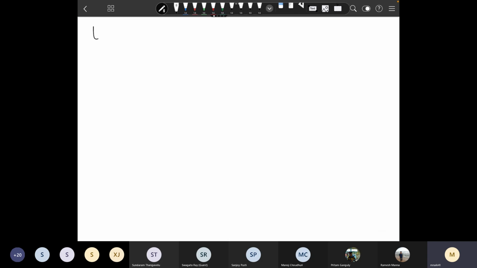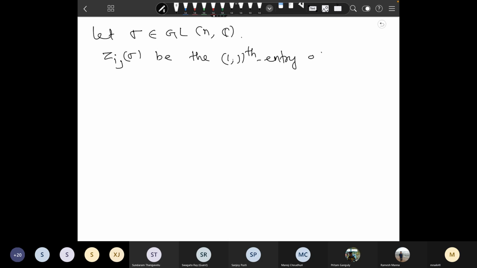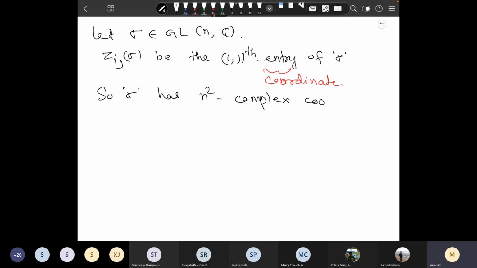Okay, so let sigma belong to GLNC. Let zeta ij sigma be the ij-th entry of sigma. This entry I will call a coordinate. So sigma has n square complex coordinates.